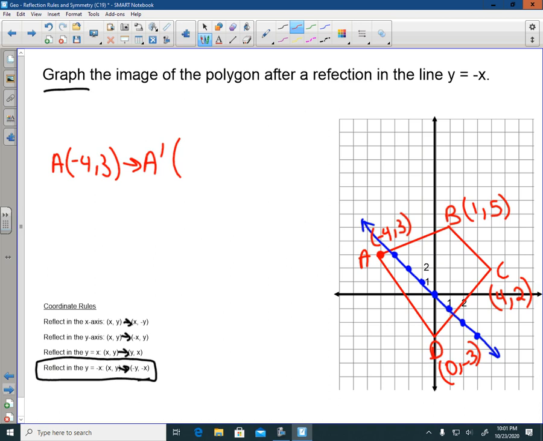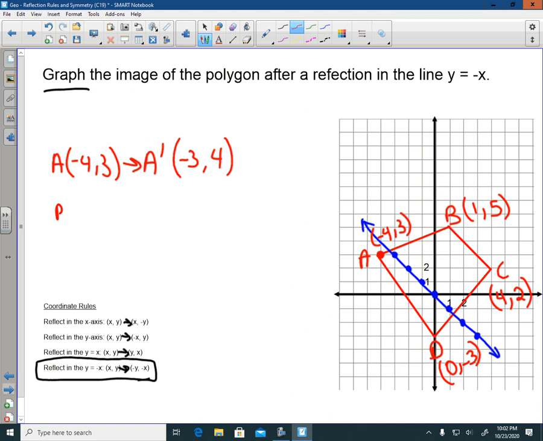Well, we need to flip those values and then turn them to their opposite. And so negative 4, 3 becomes negative 3, positive 4. The 3 turns negative and goes to the x spot, and the 4 turns positive and goes to the y spot. Flip them, and then also flip their values.